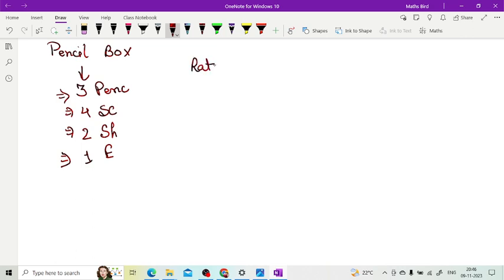What is the ratio of pencil to the whole thing that is in the pencil box? How we will find out this? Very simple. Firstly, we have to find out the total items, right?